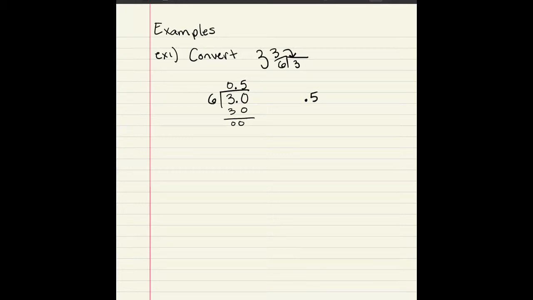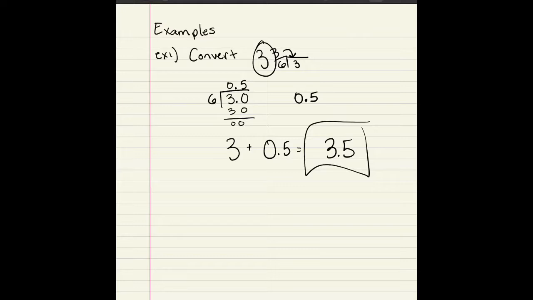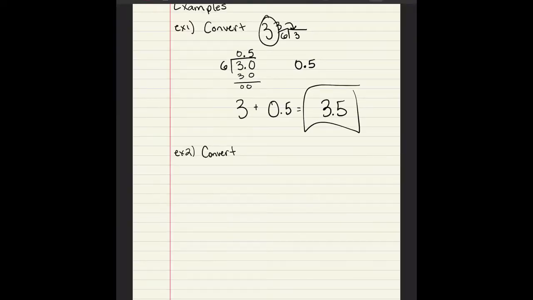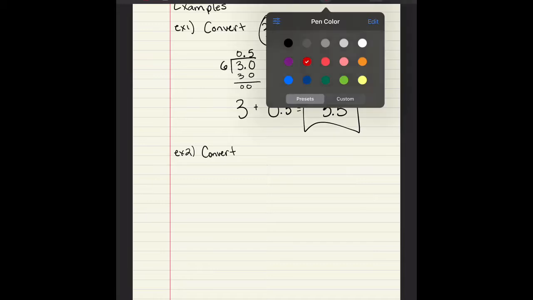So our decimal we have is 0.5. We can't forget about our whole number. So we have 3 plus 0.5 equals 3.5. Easy peasy, right?